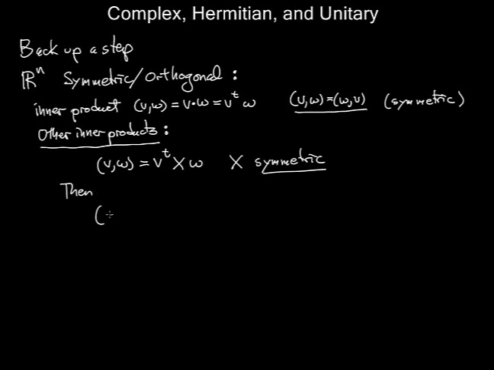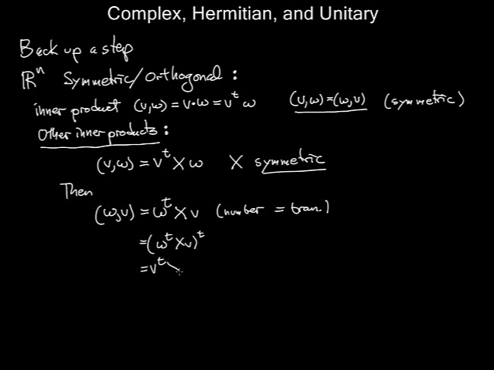Well, if you take X to be symmetric, then WV is W transpose XV, and this is a number. And remember, every number is its own transpose. So I can take the transpose of this, and I get V transpose X W transpose transpose, which is W. And so you see that WV is equal to VW.